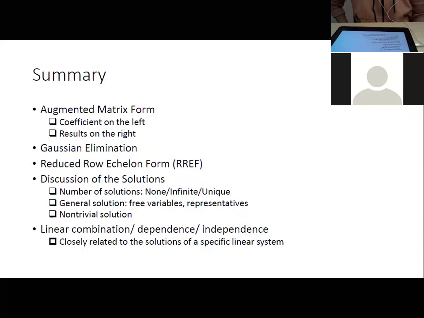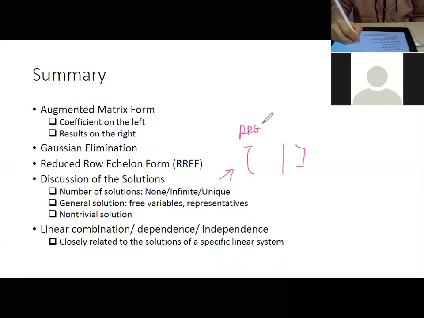First, we talked about the number of solutions. There are 3 cases. First, no solution. Second, infinite solutions. Third, unique solution. And only when the system has a unique solution can we get the RREF at the end with the identity matrix on the left side.